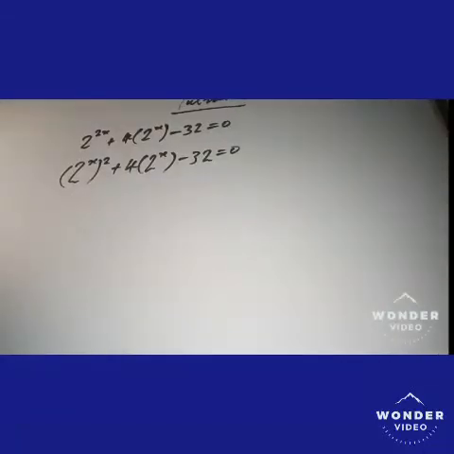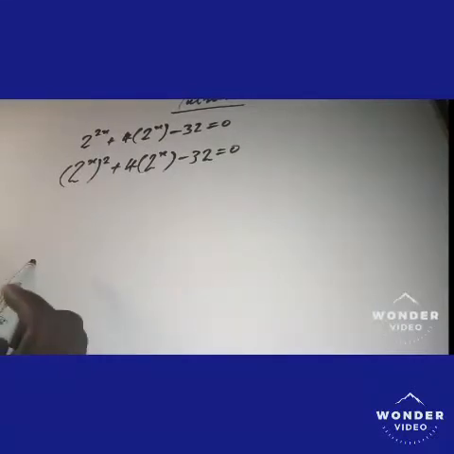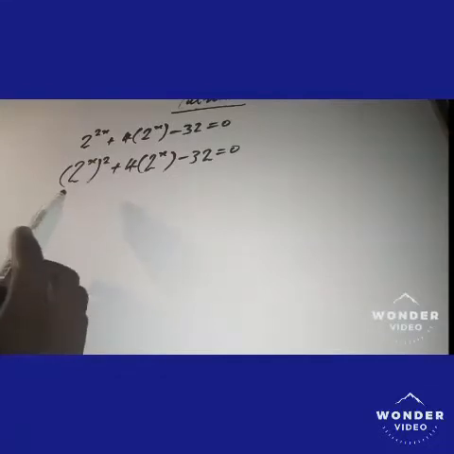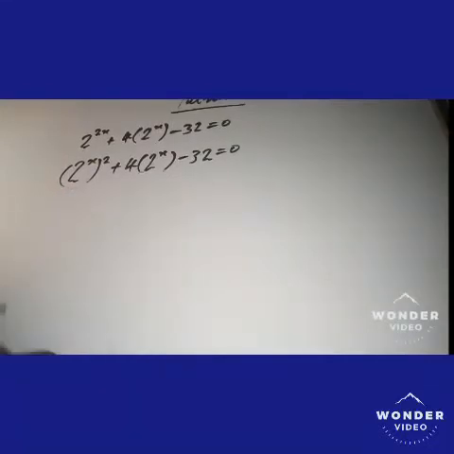Looking at this equation, we find that it has been reduced to a quadratic in 2 to the power of x, which gives us the opportunity to set another variable.